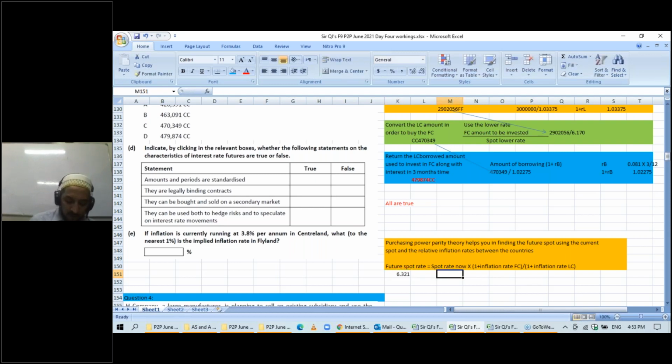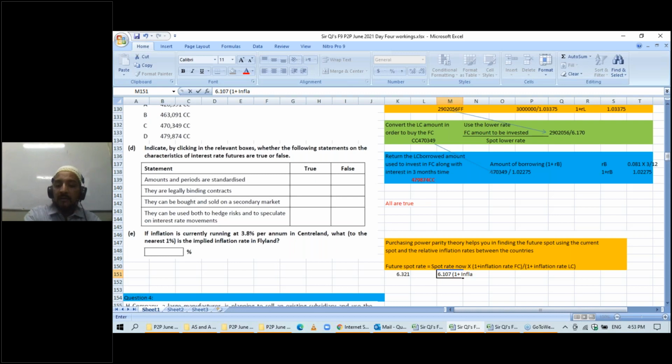The spot rate was 6.107. Then 1 plus. Now, which inflation rate do we want? The inflation rate we want is in Flyland. So it's foreign currency.